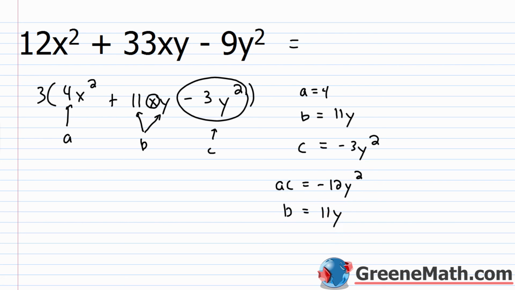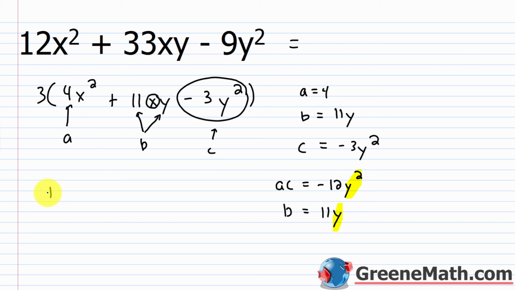But forget about these variable parts right here, this y squared and this y. Again, if I work out the integers, in other words, two integers whose product is negative 12 and whose sum is 11, I can just tack a y onto the end of each, and I'll have my answer. So if I want two integers whose product is negative 12, I think about 12, I know I can do 1 times 12, and if I play with the signs, if I do positive 12 and negative 1, that would work.